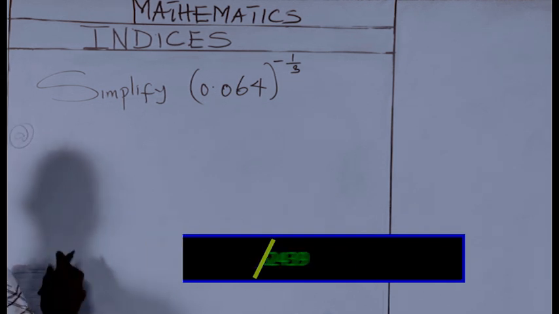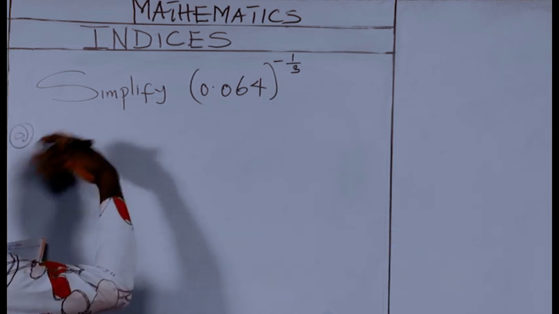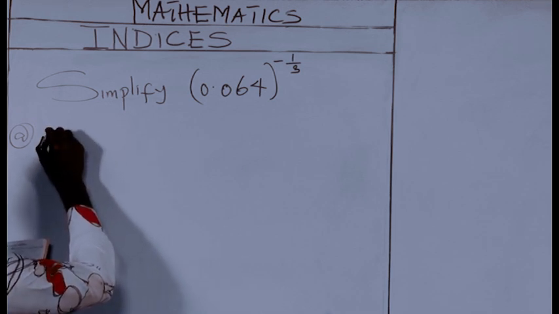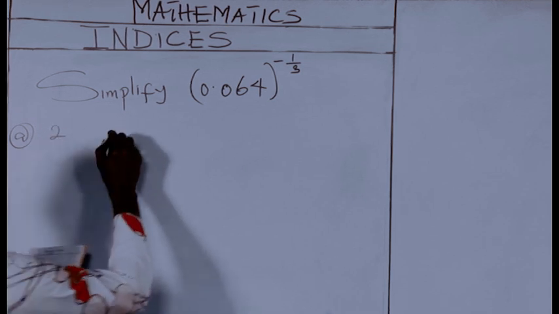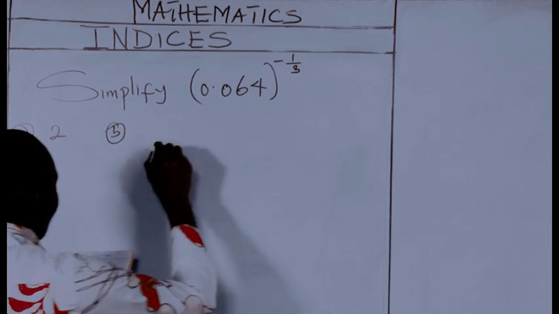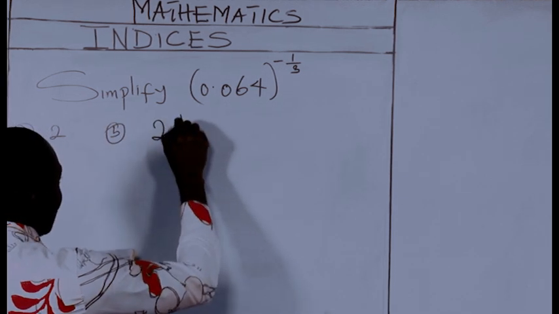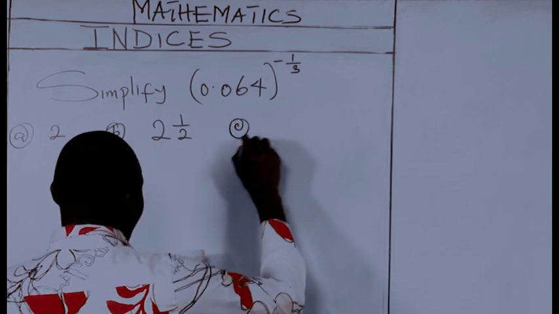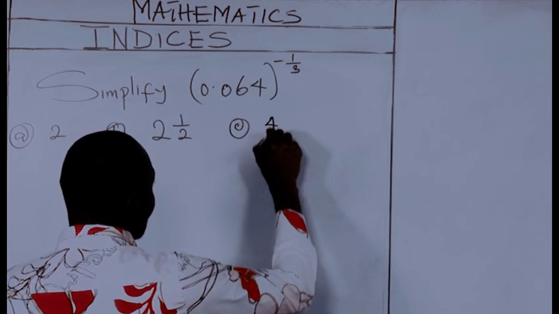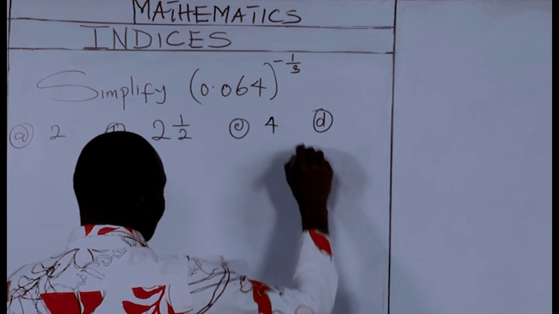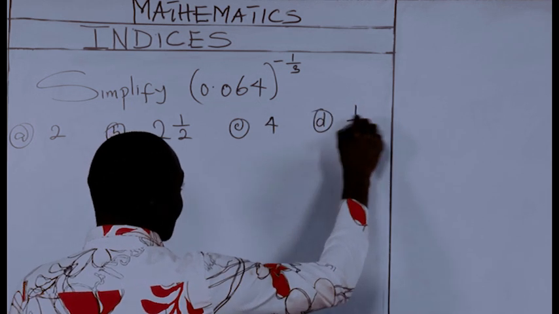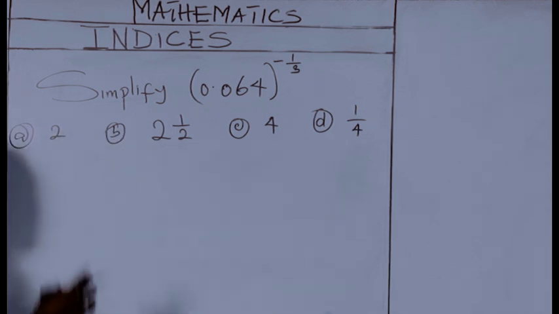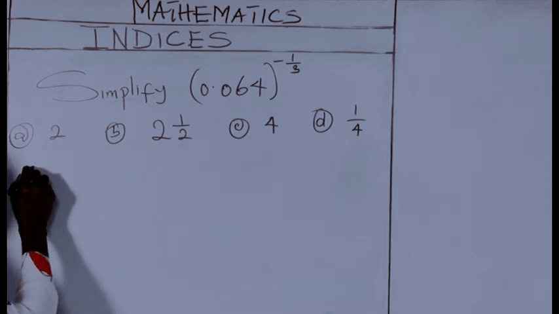We are given options to select the right answer from. Option A is 2, option B is 2 whole number 1 over 2, option C is 4, and option D is 1 over 4. Let's solve the question. Solution.